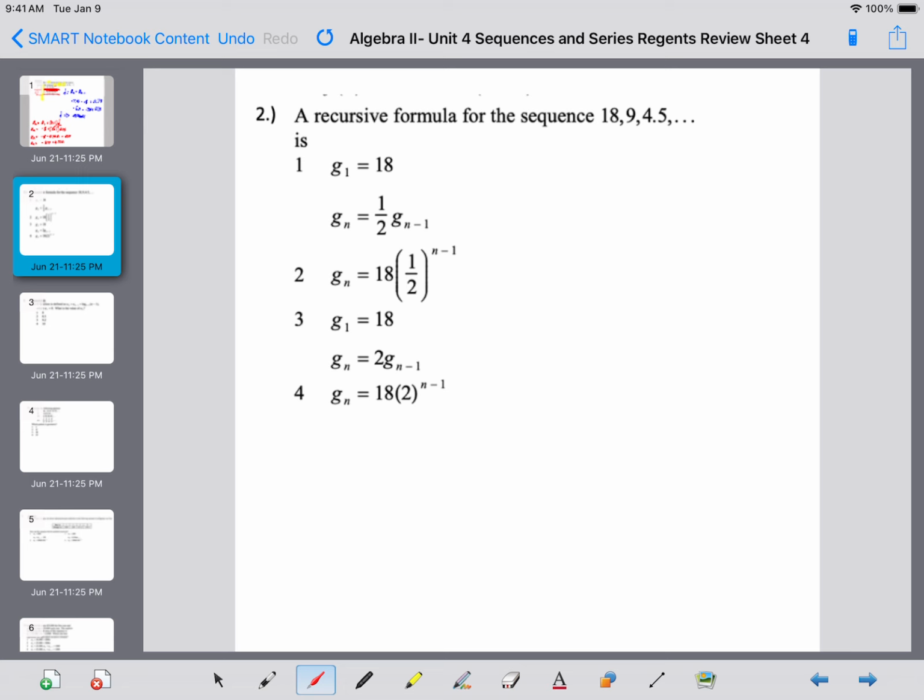A recursive formula. All a recursive formula is, it shows a relationship between a term and a previous term. So if it's geometric, you're going to show common ratio, multiplication. If it's arithmetic, then it will show common difference, addition.